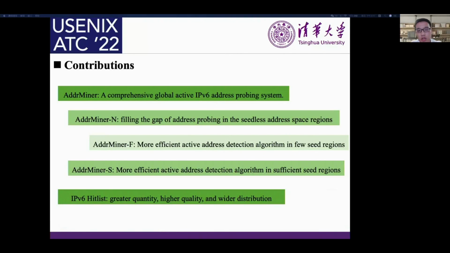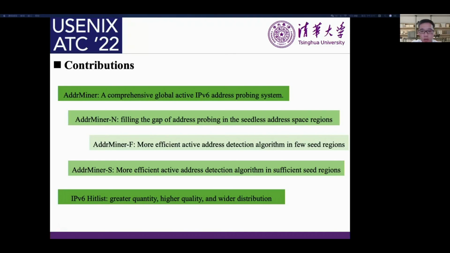To conclude, our contributions are as follows. We design and implement a comprehensive global active IPv6 address probing system, AddrMiner. It divides the global active IPv6 address probing into 3 scenarios and discovers active addresses from none to many.